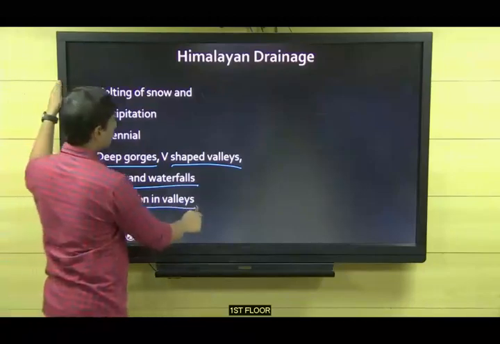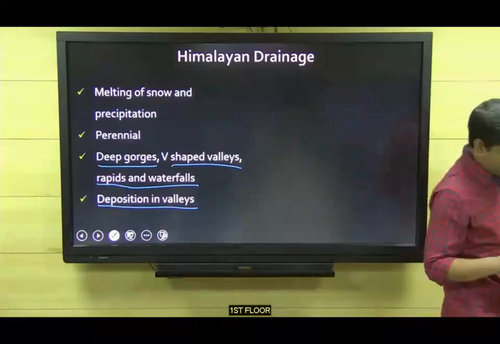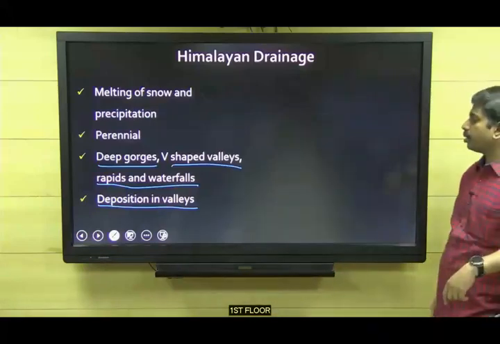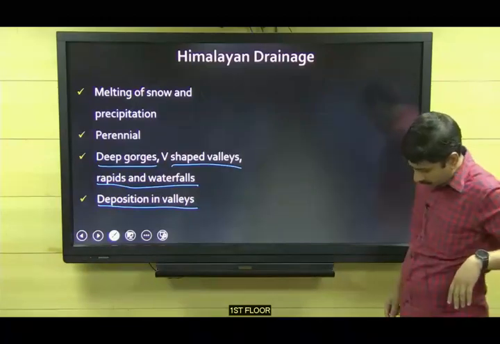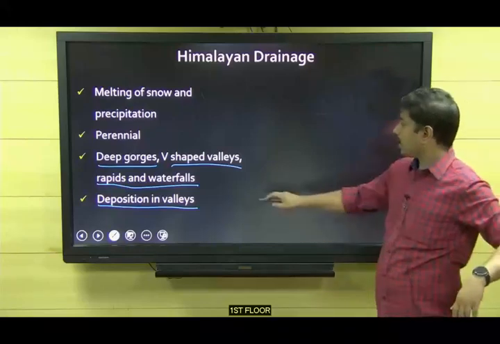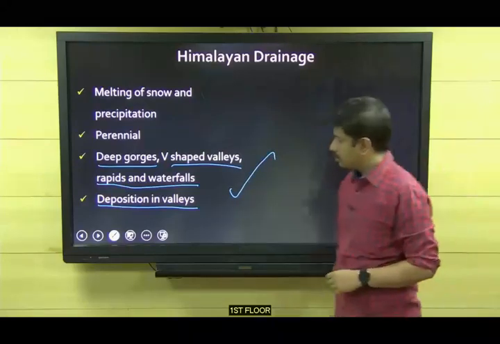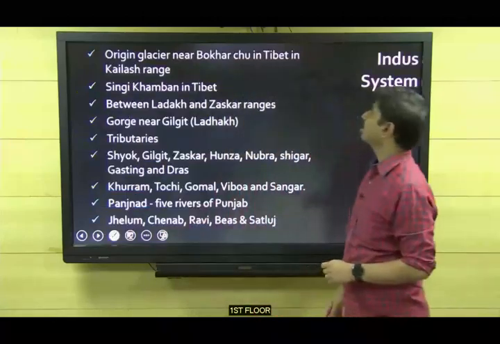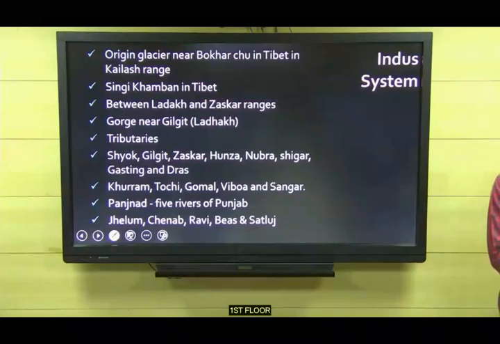Then when it comes to the Gangetic plain, they deposit in the valley, and while draining into the sea they form extensive deltas. These are the attributes of Himalayan drainage. We will go on to see the Indus drainage system one by one.